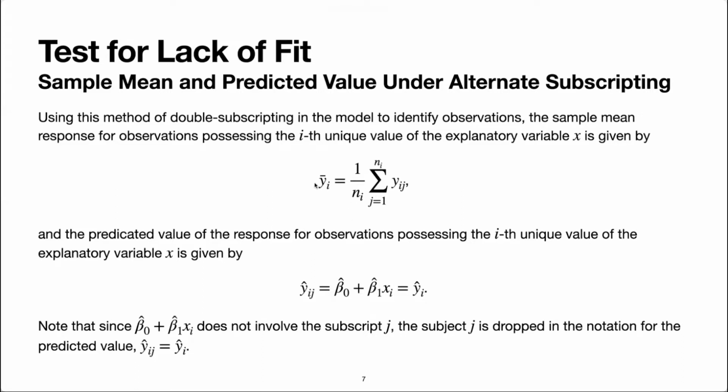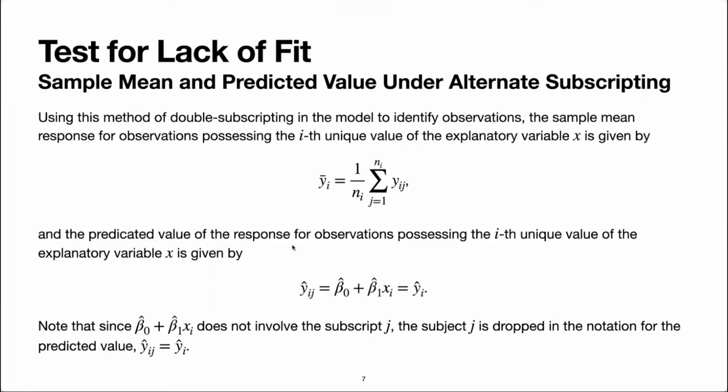So again, y bar sub i is the sample mean response for observations possessing the ith unique value of the explanatory variable x. That is 1 over n sub i times the sum, j going from 1 up to n sub i of the y sub ij's.